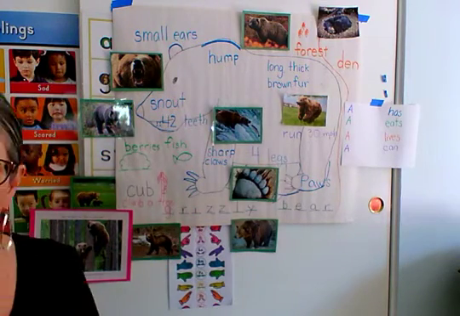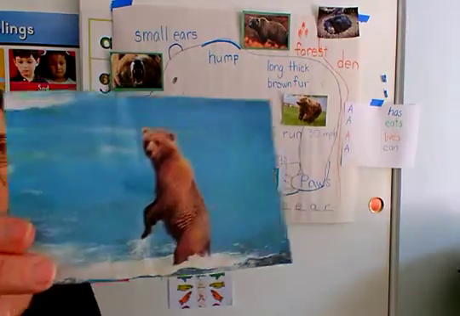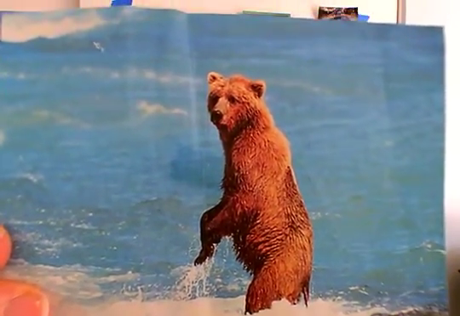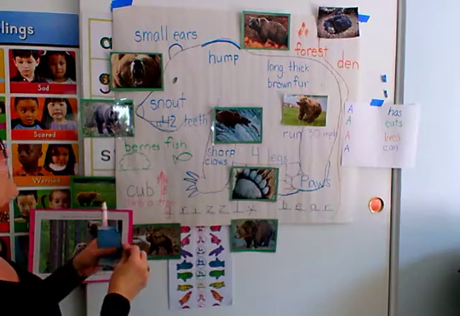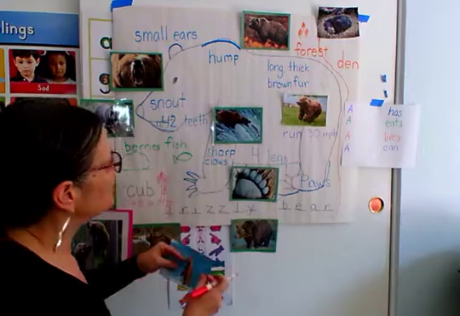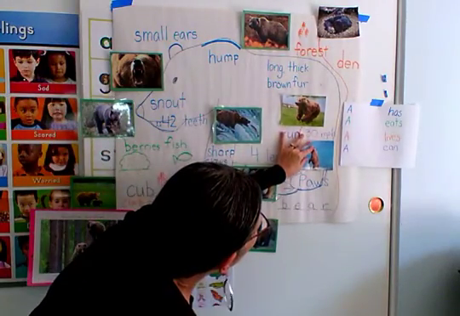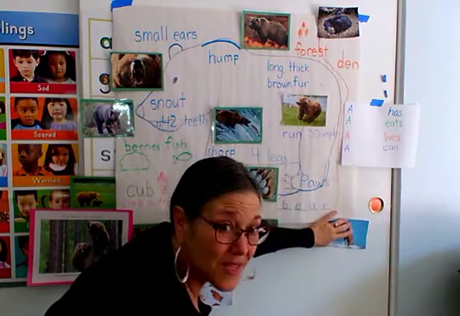I have one more thing that I want to talk about, and it is that grizzly bears are great swimmers. So I'm going to write down, where do we have space for this? Maybe I'll put it over here. Can you see it over there?